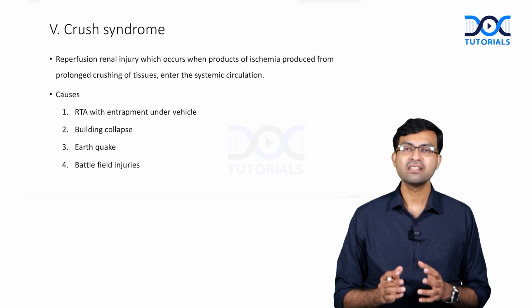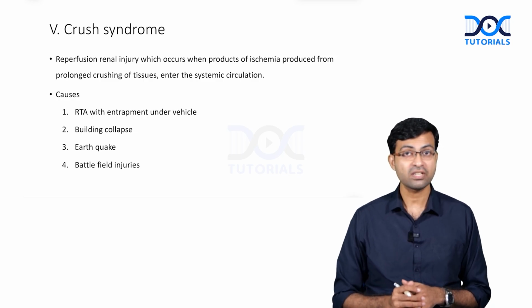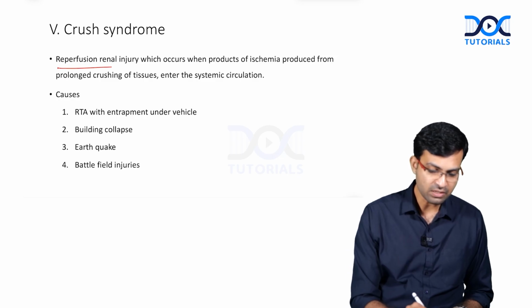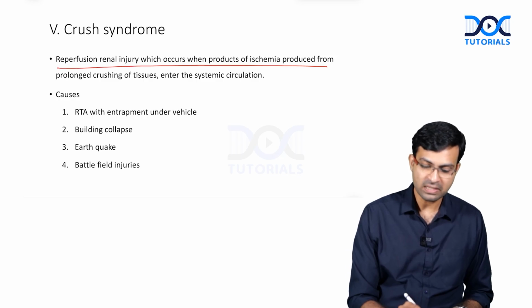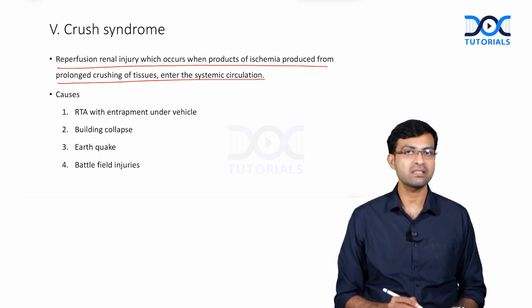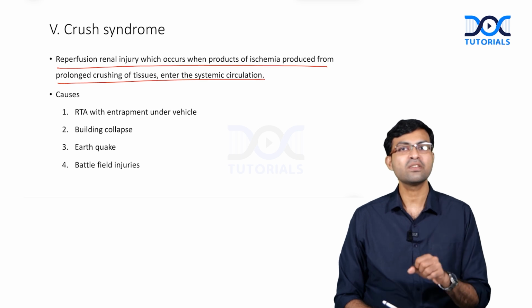Got it? Now let's discuss a very interesting but dangerous complication called crush syndrome. What is crush syndrome? It is a reperfusion renal injury which occurs when products of ischemia produced by prolonged crushing of tissues enter the systemic circulation. So it is primarily a renal problem and it occurs because of crushing of tissues.